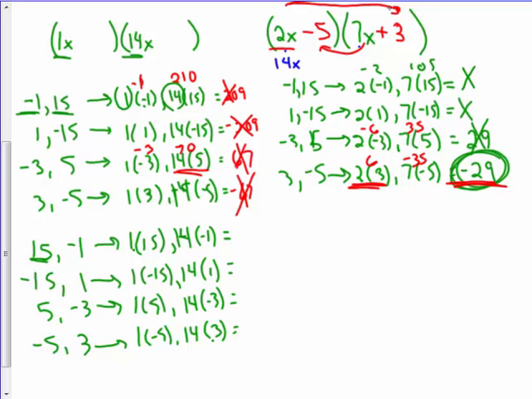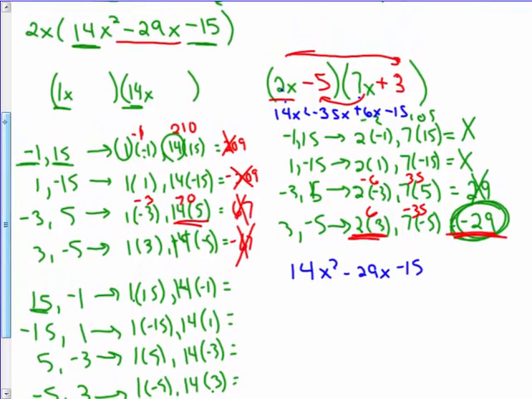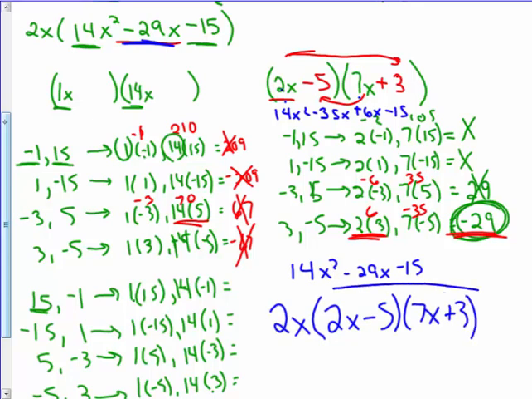Now again, I can check my answers here by multiplying. So it does check out. Again, I have the 2x out in front, so it's 2x times 2x minus 5 times 7x plus 3.